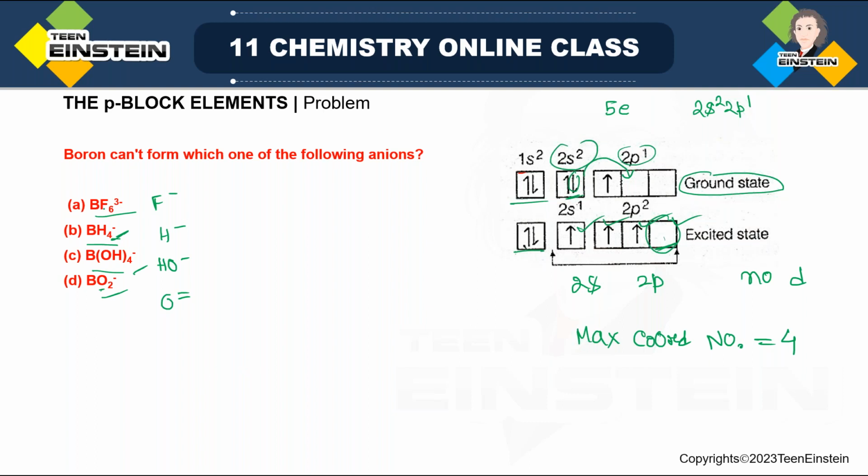So this is also okay. But BF6 3-, here surrounding boron total 6 coordination, that is not possible. So that is why the correct option will be the first option, BF6 3-. Boron cannot form this type of ion, because 6 coordination number is required, but the maximum coordination number is 4, not more than that. This is the correct option.